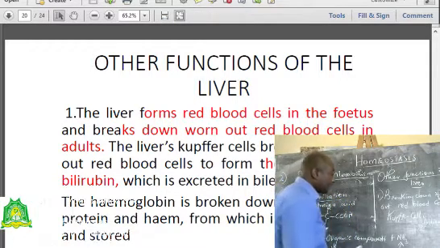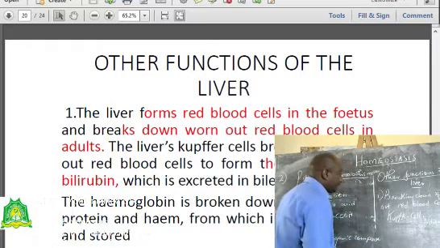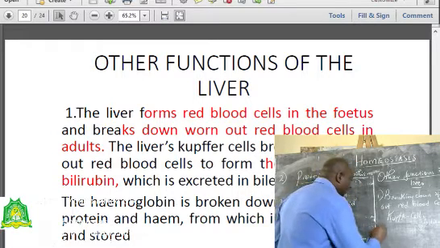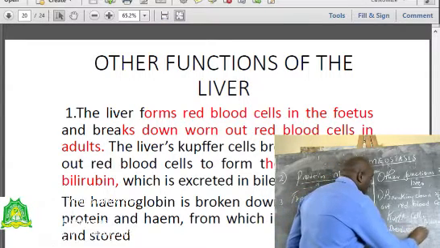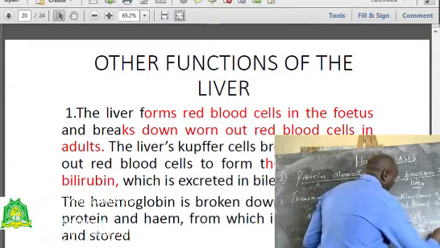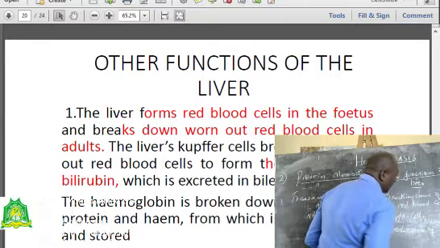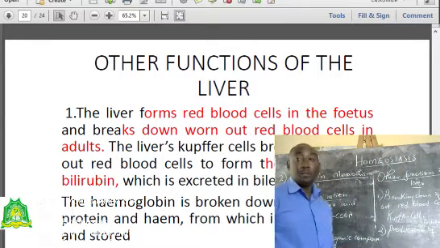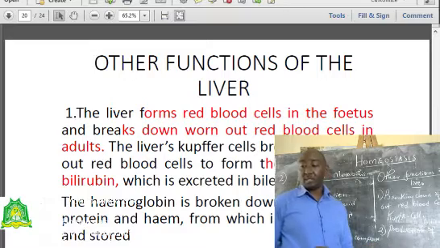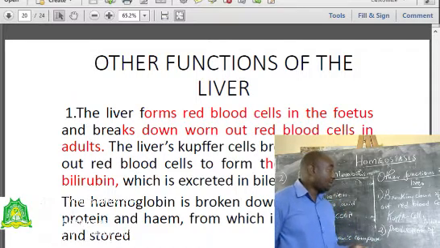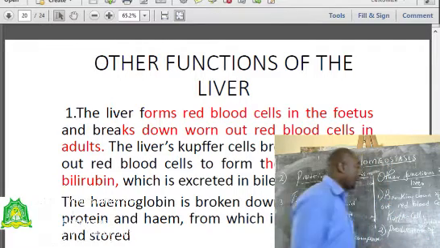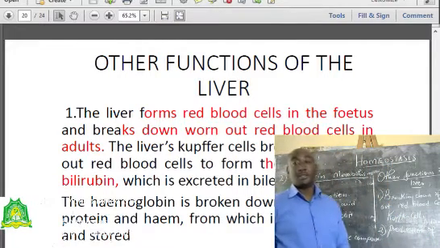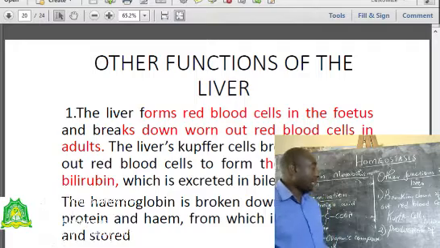So that means another function is production of bile. Bile means the bile juice. The bile pigment, the bilirubin, comes from the red blood cells when they are broken down.